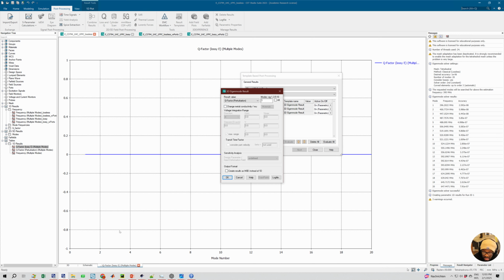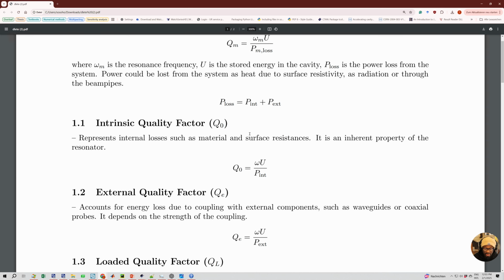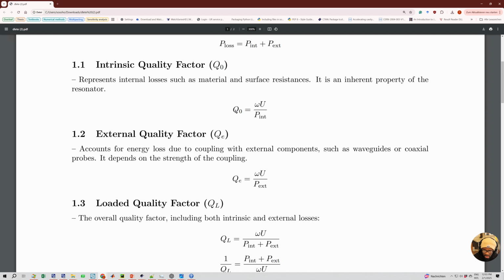So what this calculates is the intrinsic quality factor. Using the perturbation method, I'm guessing, or I think, if I remember correctly, what is perturbed might be the permittivity, I can't remember if it's permittivity and permeability or just permittivity of the system.